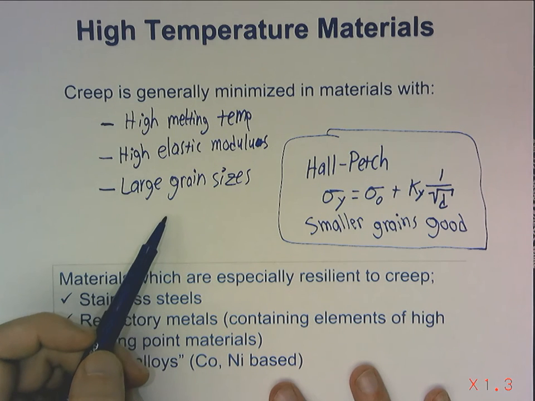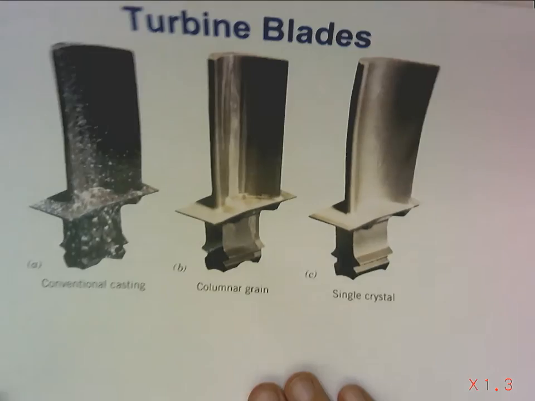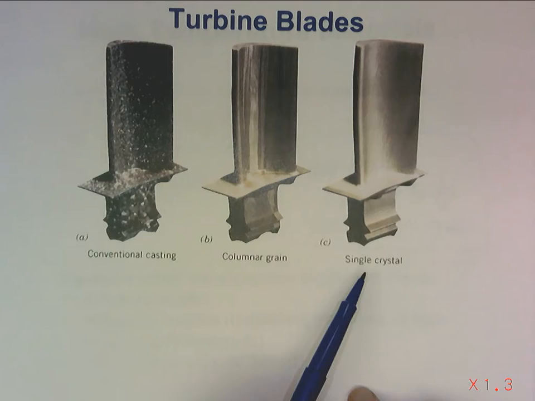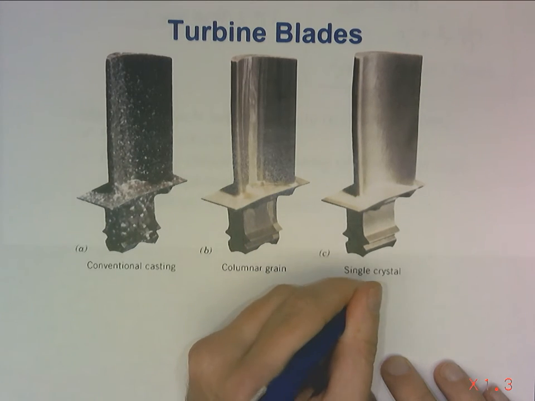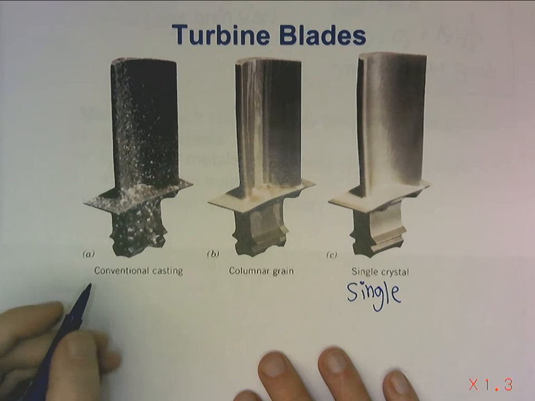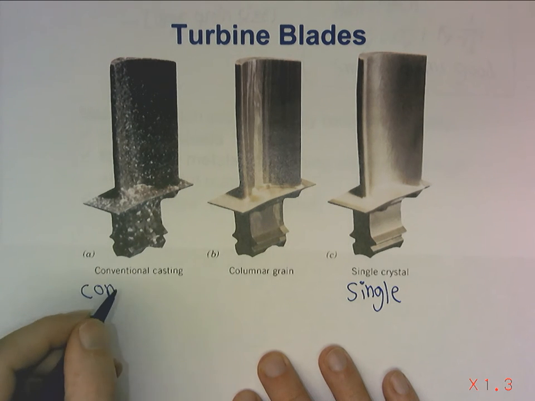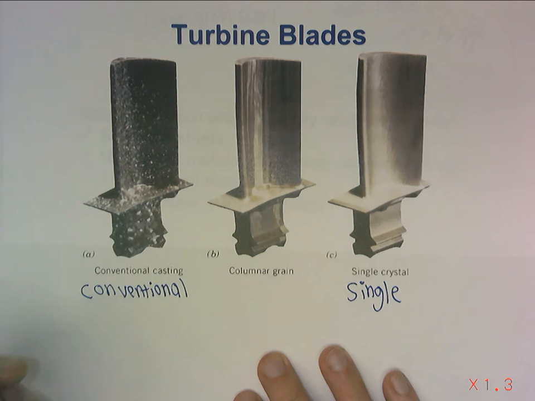So, large grain sizes, or if we go way back to the very beginning of class, single crystals. So if we can get all the way to single crystals, this is a conventional casting.